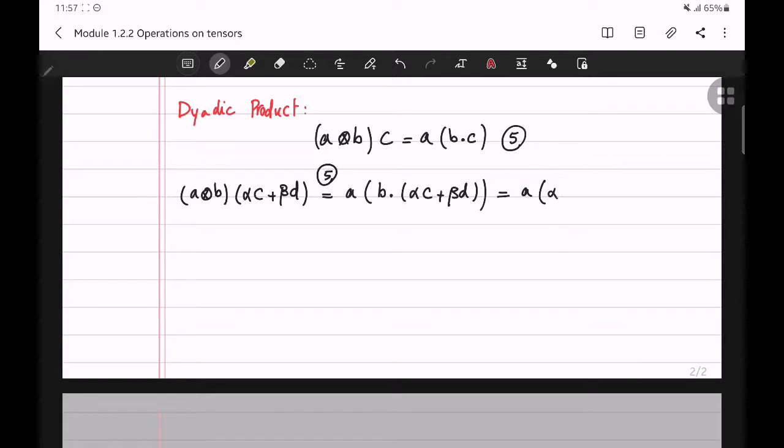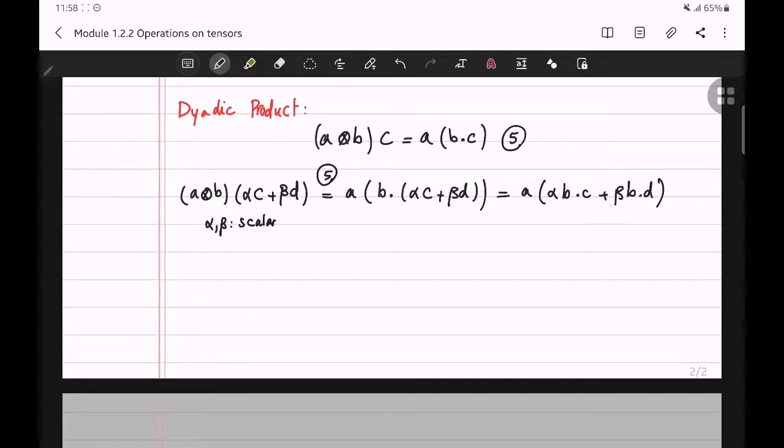I can take alpha out because alpha and beta are scalars. So α(b · c) plus β(b · d).